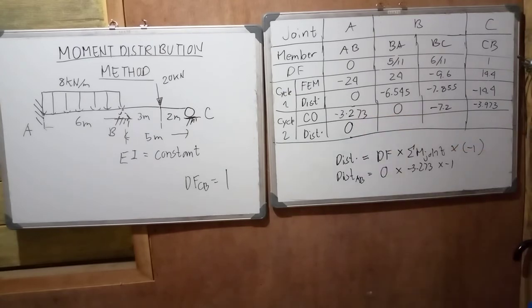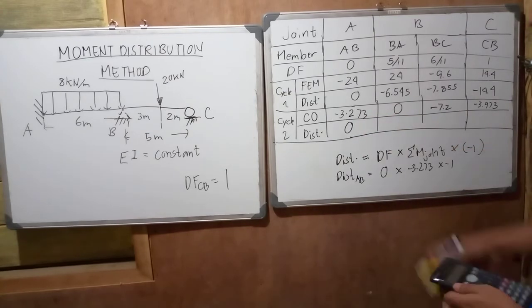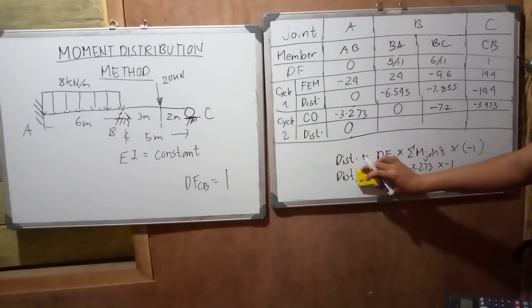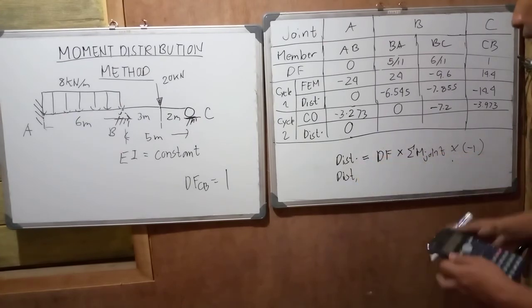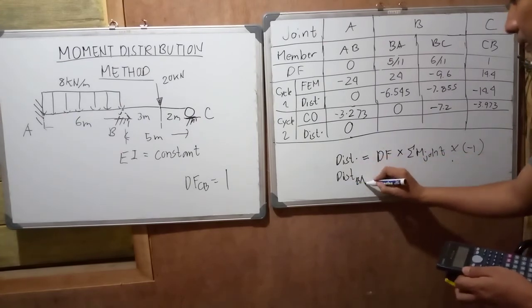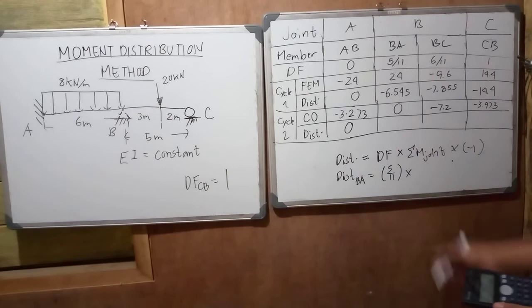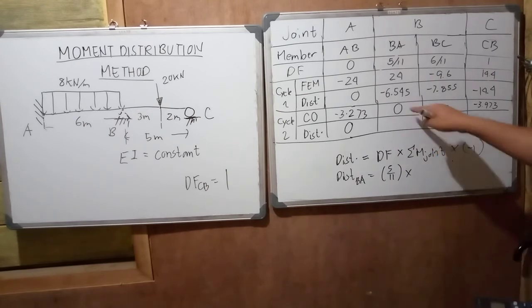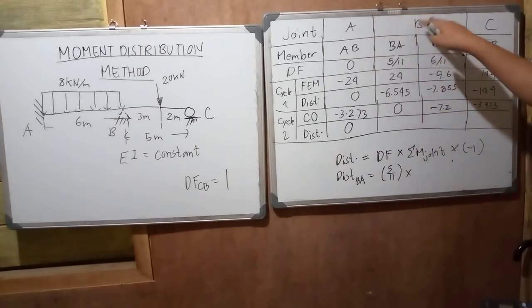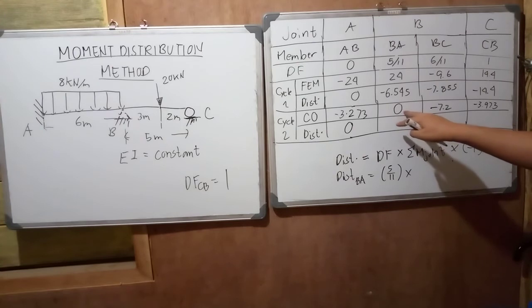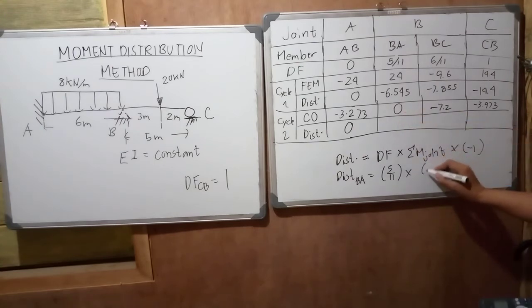Okay? So, kay BA naman, alam naman natin na yung distribution factor niya is 5/11. Multiply mo kay summation of moment at joint. So, 0, di ba? Ito yung joint B. I-add mo yung kay BA at BC is -7.2 times -1.